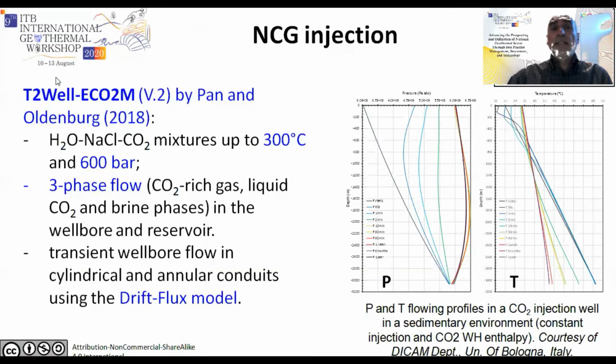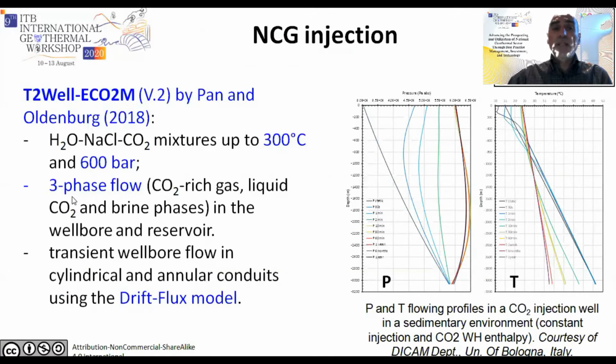T2Well includes wellbore flow modeling capabilities into TOUGH2, while ECO2M is an equation of state module for ternary mixtures with a good thermodynamic approach up to 300 degrees C and 600 bar.